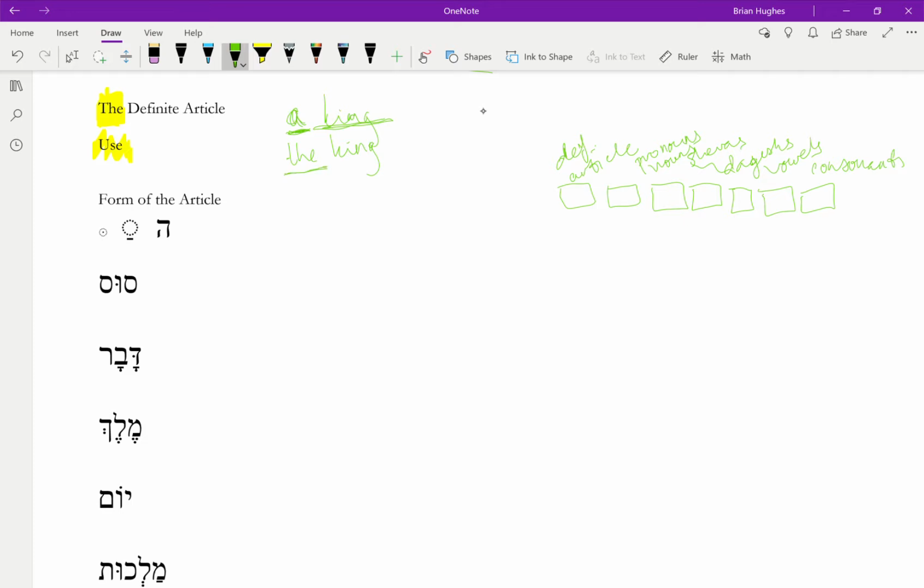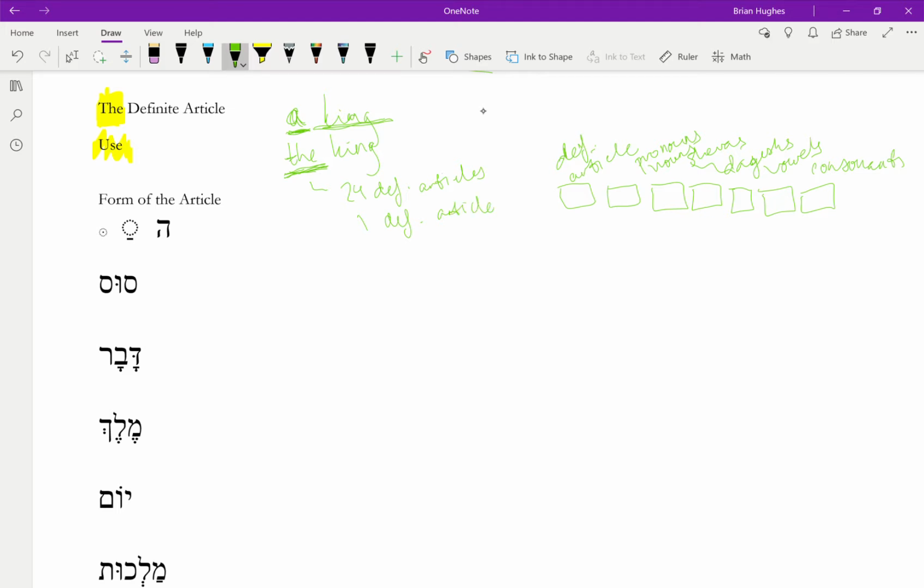What it does have is one prefix that functions as the definite article, as the. And this is really helpful, and if you've taken Greek, you know this, but in Greek there are like 24 definite articles that you need to learn. In Hebrew, there's one definite article. So here, Hebrew wins the Hebrew-Greek debate.